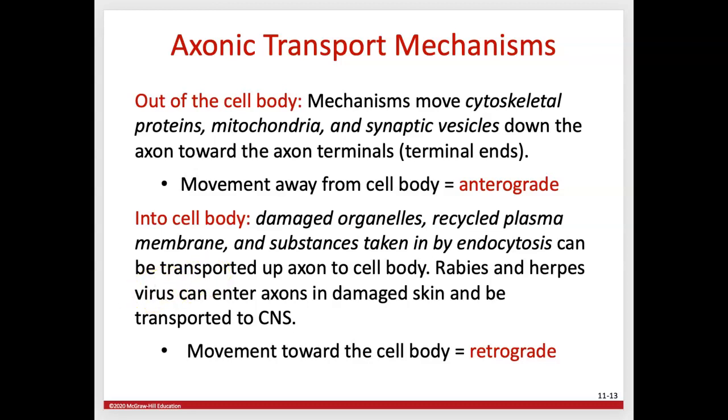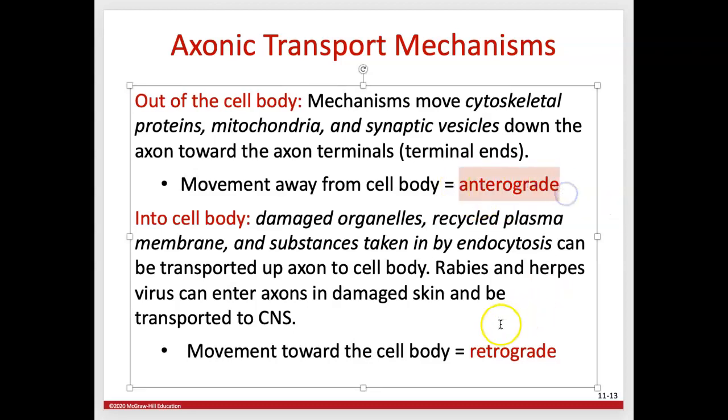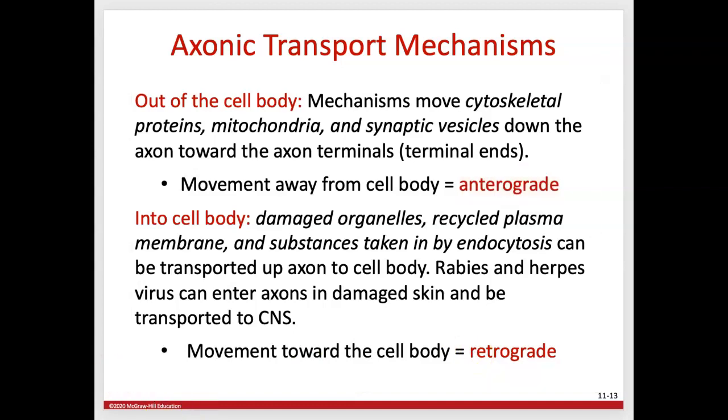Interesting little note, rabies and herpes virus can enter the axons in damaged skin and then be transported to the CNS. So that's how that makes it to the CNS. So, as far as these terms, anterograde and retrograde, I would know them as terms, just which way stuff is going.